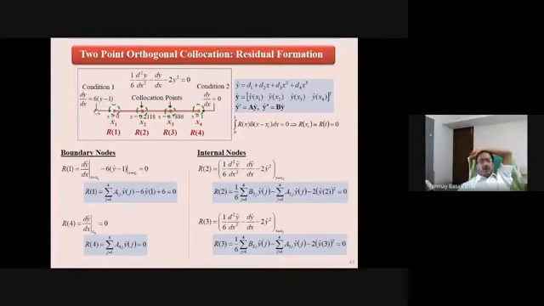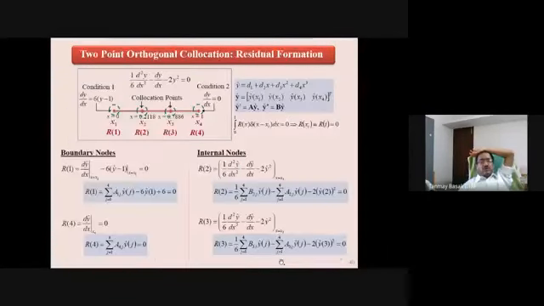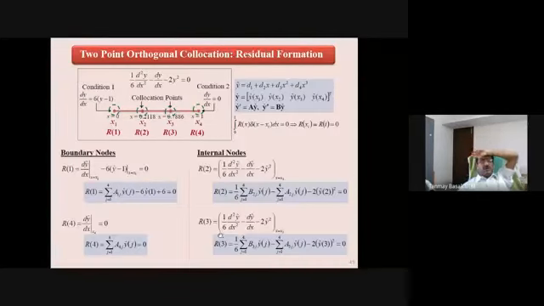So for the boundary nodes, we need y prime equals AY, and so these A terms will be used. For the first boundary node, we take the first row, and for the last boundary condition, we take the last row of this matrix. So R1 is nothing but this expression, and R4, with dy/dx equal to 0, will be this expression.